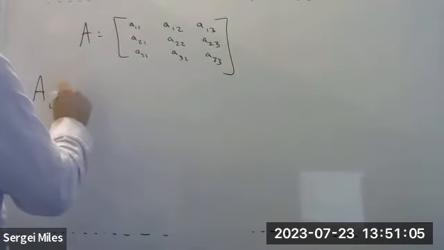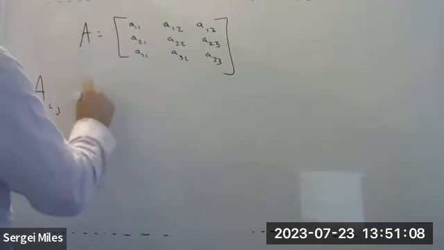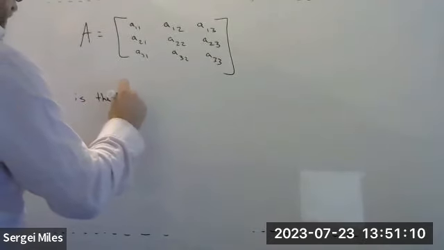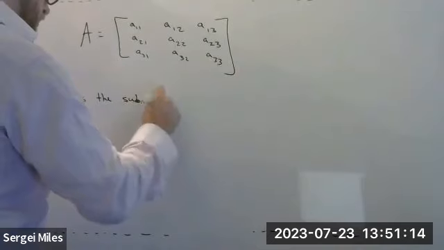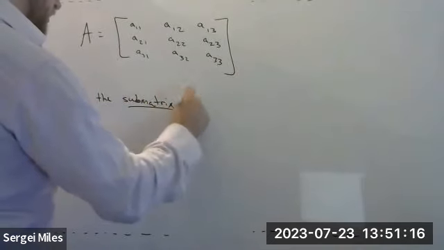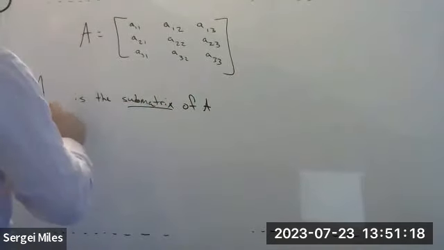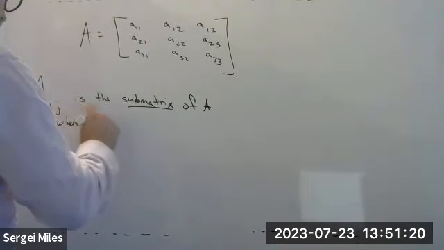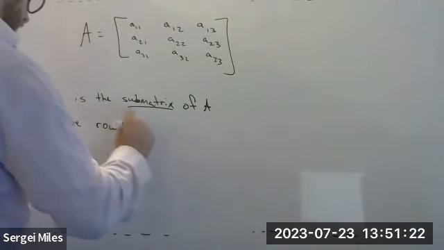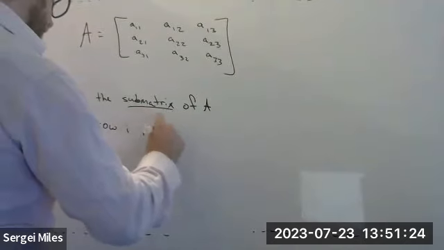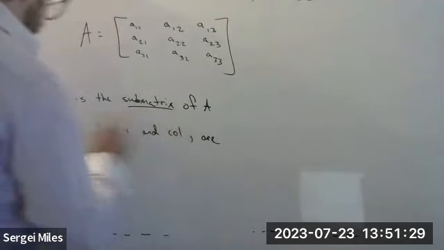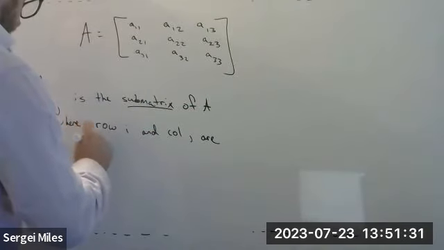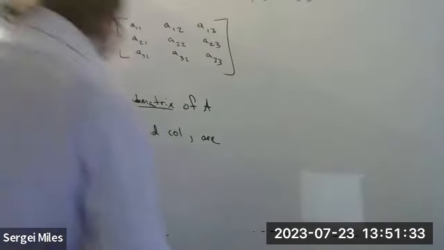A sub ij is the submatrix of A where row i and column j are removed, right?